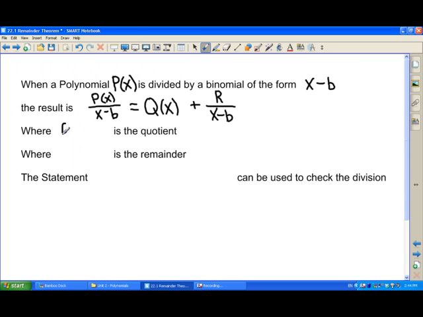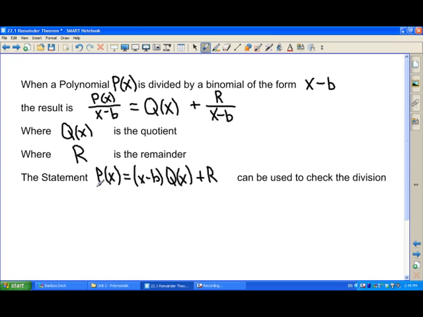And here, q of x is the quotient, r is the remainder, and the statement p of x is equal to x minus b times q of x plus r can be used to check the division.